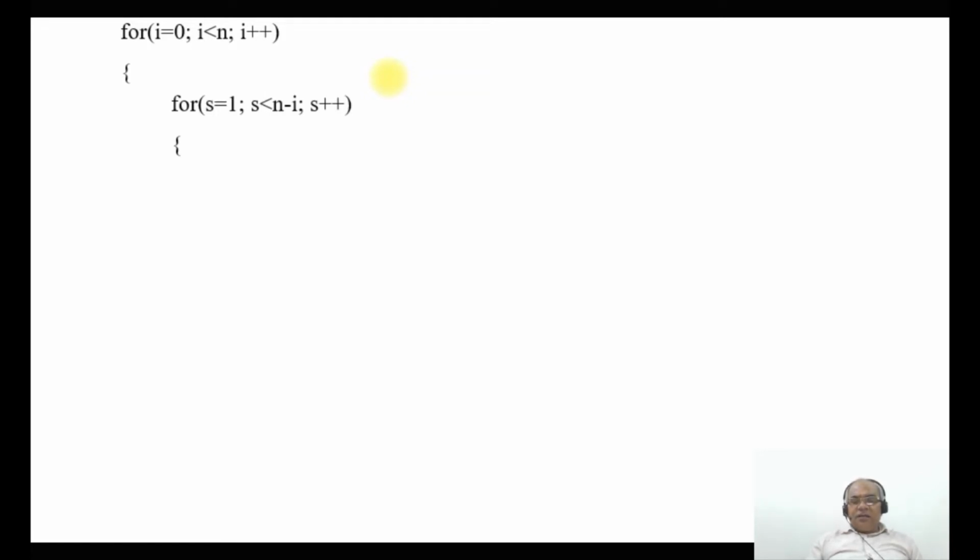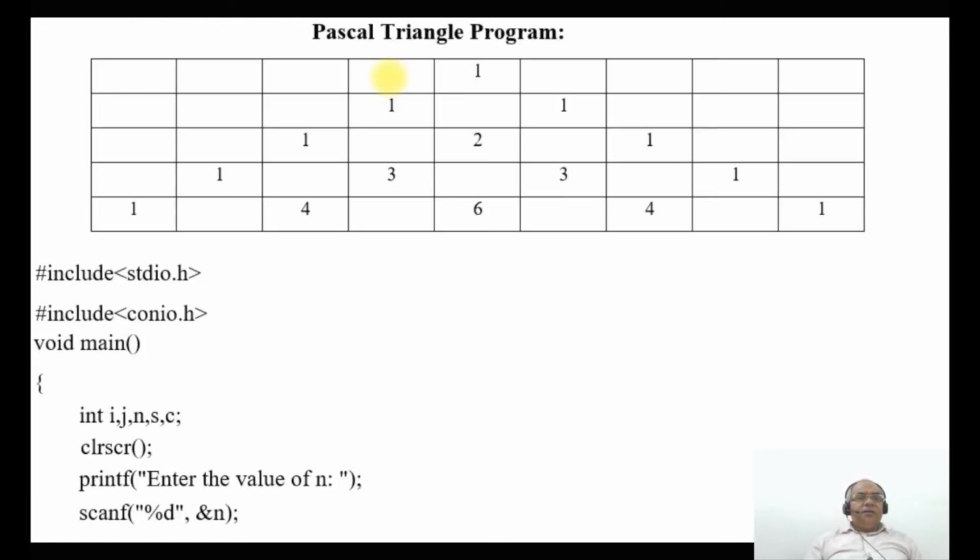Then it starts the initialization of the space with 1, so i is equal to 0 means s is equal to 1. So the total number of spaces we are going to get is 4. s is less than 5, that means it becomes 4. So s will be equal to 1, 2, 3, 4. So that is how we are going to take it.